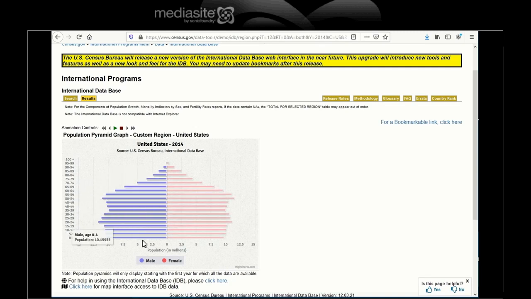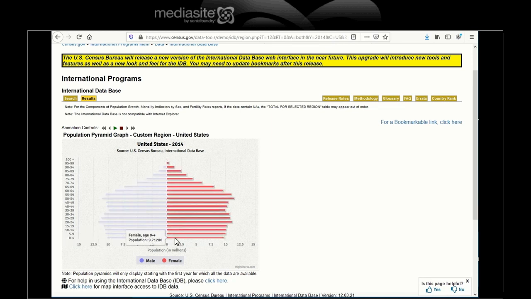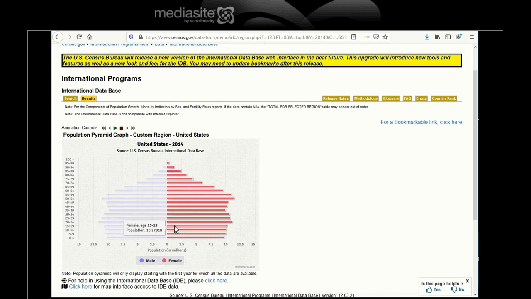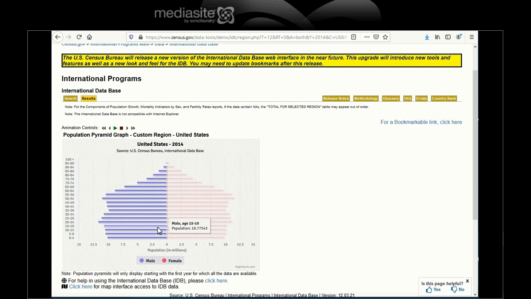And of course, this one has a little more. So 10.1, 9.7, 10.0, 10-ish, 10 and a half, a little more than 10.